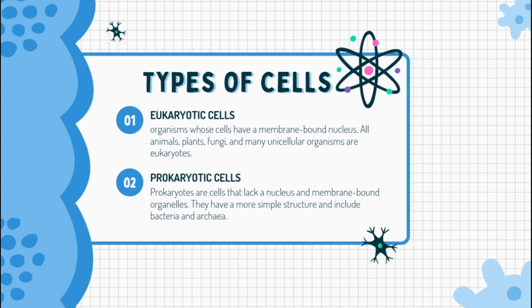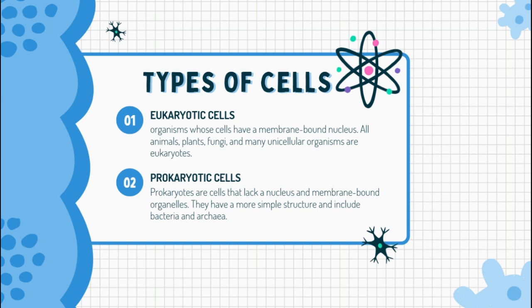Once you hear eukaryotes or eukaryotic, it means true nucleus, so these cells have a nucleus. Prokaryotes don't have nuclei, so that would be our bacteria. And there's another term here, archaea, which you don't really have to know about at this level, but it falls under the category of prokaryotic cells.